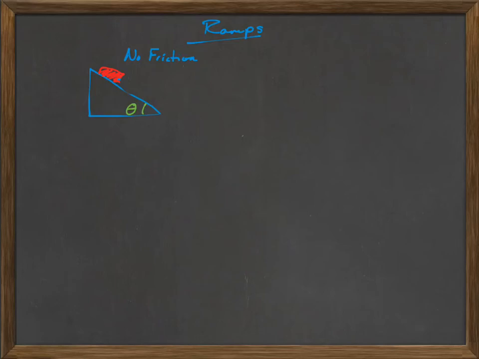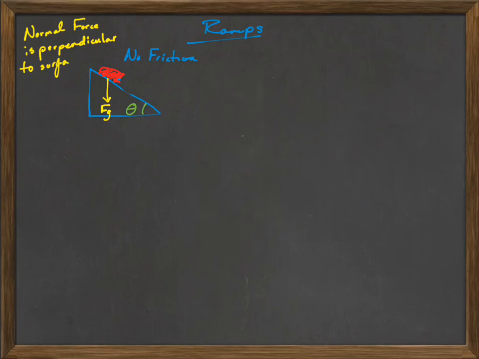If it has mass, then gravity is definitely trying to pull it down. Since it's touching a surface, there must be a normal force. But remember, normal force is perpendicular to the surface.